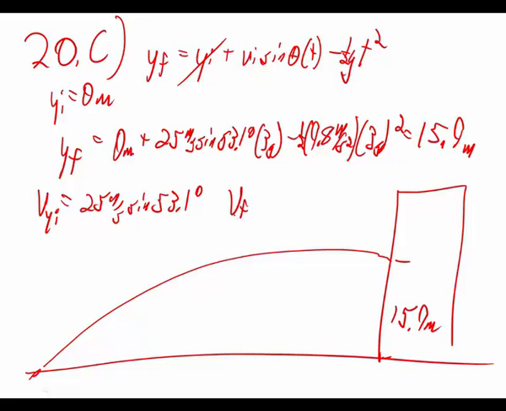Y velocity final in the y direction. Okay? Well, it's not zero. It's not zero. I want to know right there, just as it gets to the building, what is it? Right there. Well, do we have this equation right here?